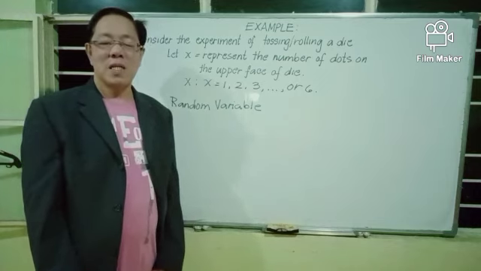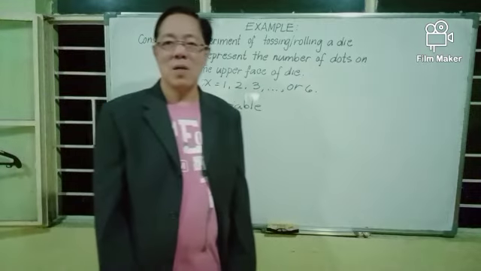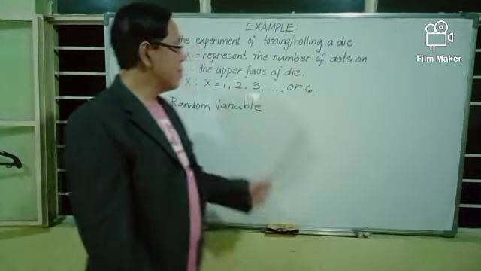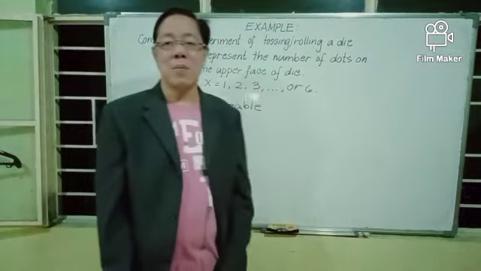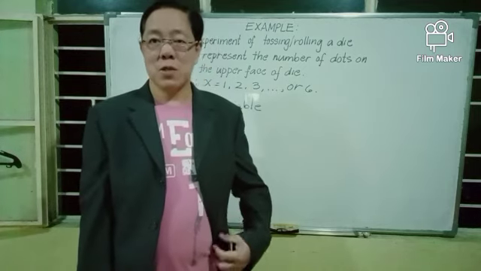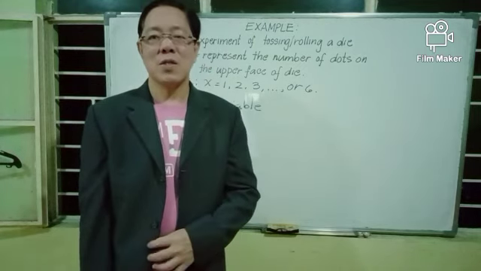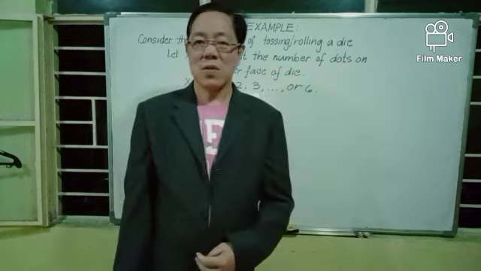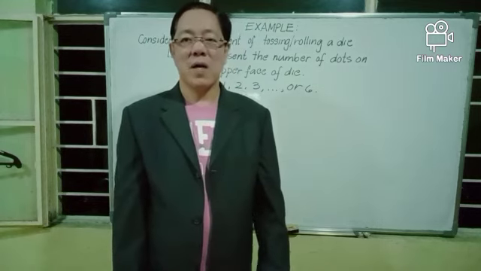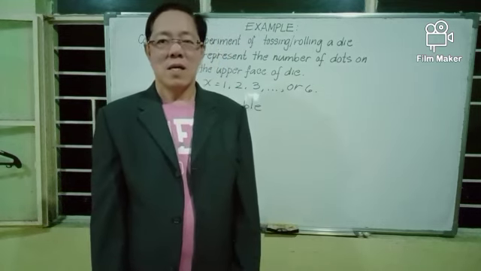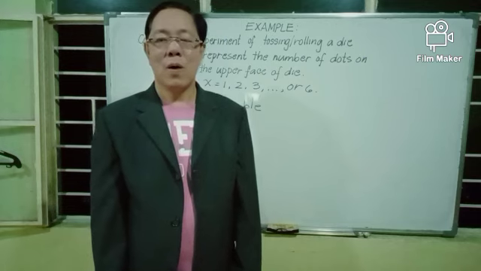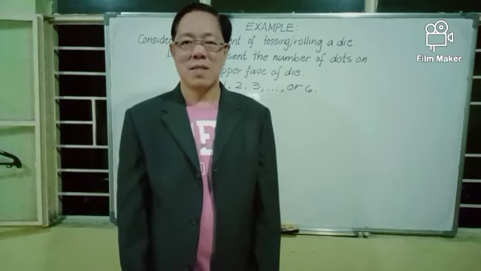We now formally define random variable. A variable x is a random variable if the value it assumes corresponding to an outcome of an experiment is a chance or random event.